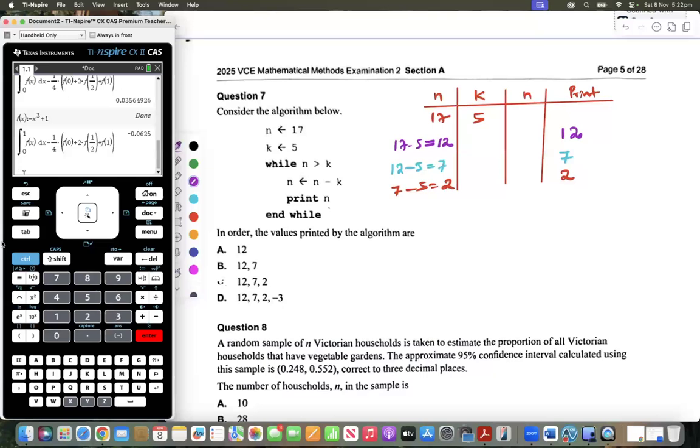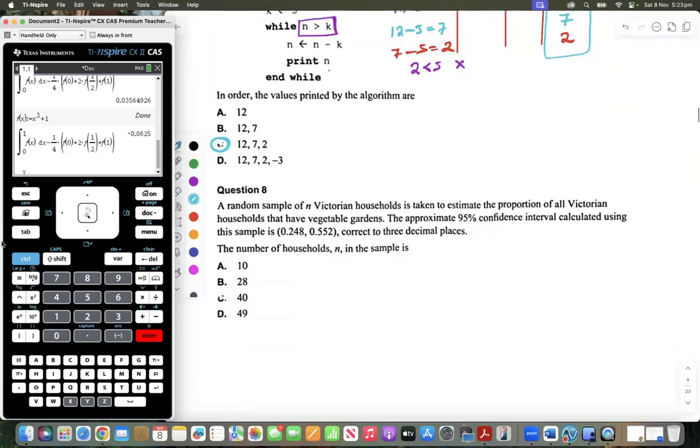When I check the loop here, it will not actually do it, because in that condition, it has to be n greater than k. But now my n is 2, which is less than 5, right? The while loop gets stopped. So then only these three numbers will be printed. Your answer should be that. Very simple question, it's not a hard question actually.